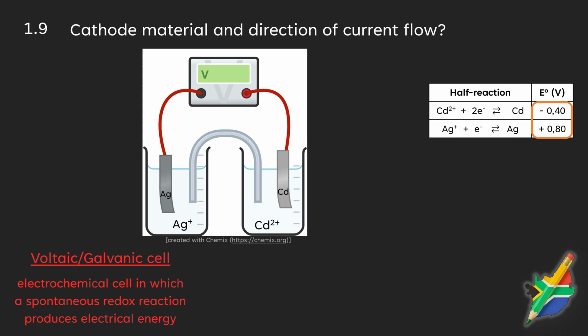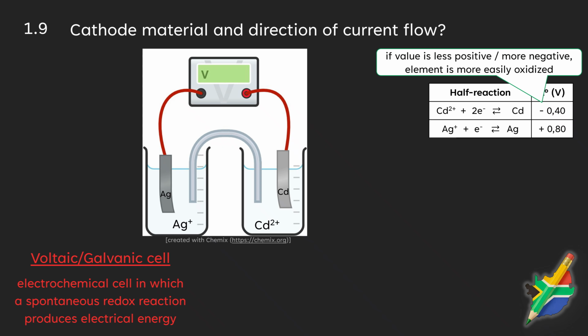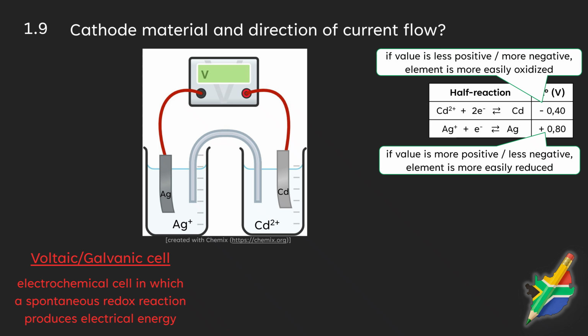We can also find their corresponding electrode potentials in volts. If a value is less positive or more negative, this tells us the element is more easily oxidized. If a value is more positive or less negative, the element is more easily reduced. So cadmium will be oxidized and silver will be reduced.